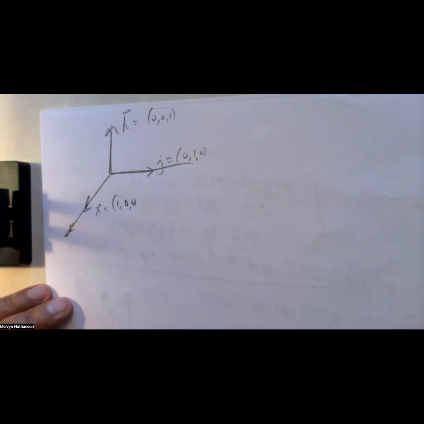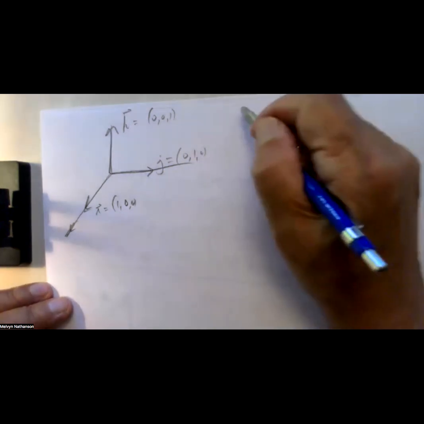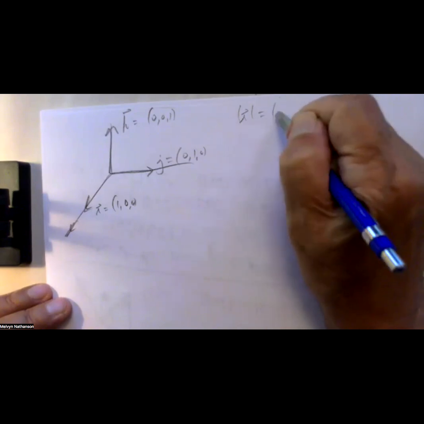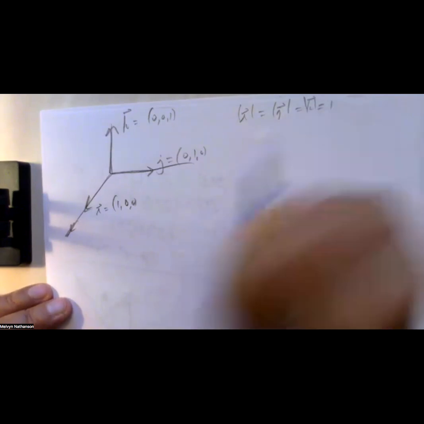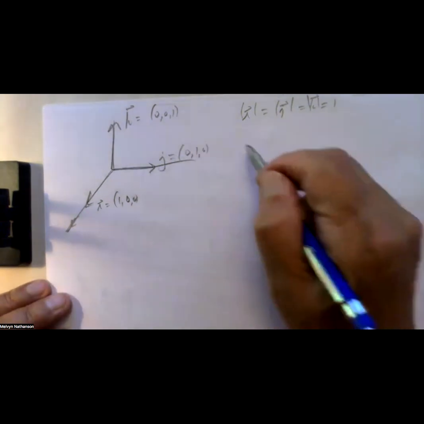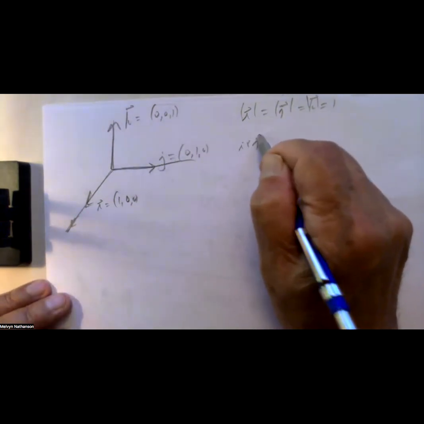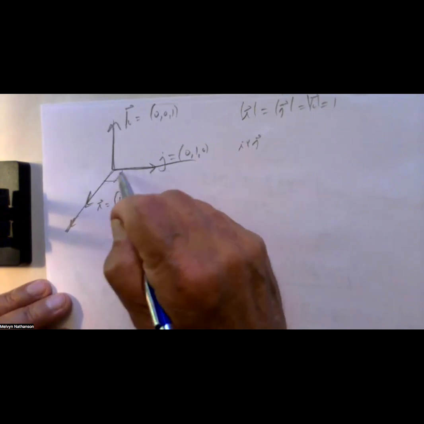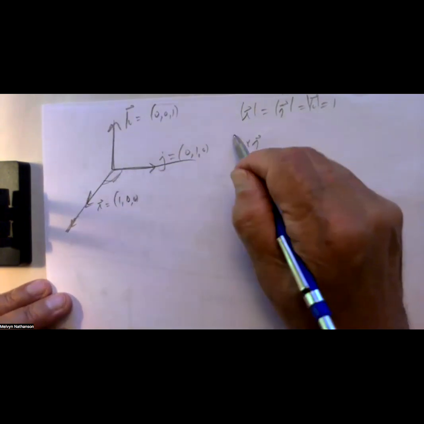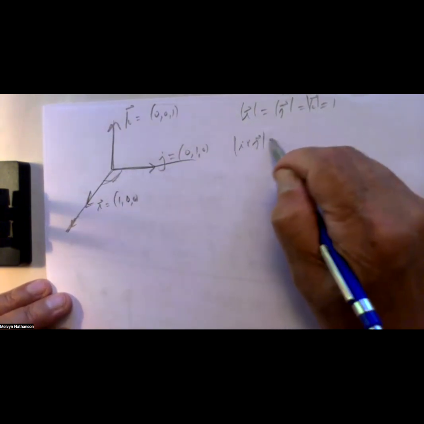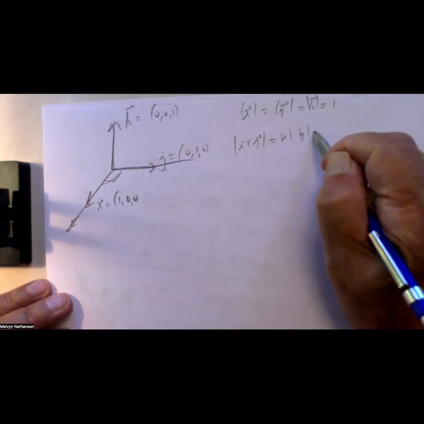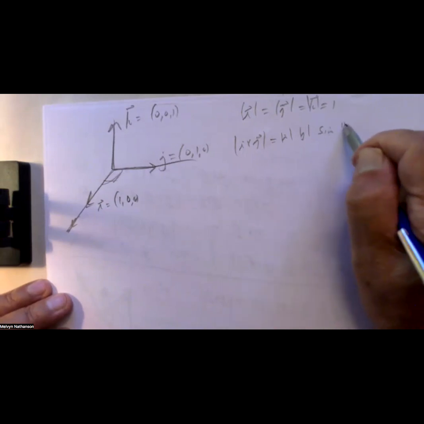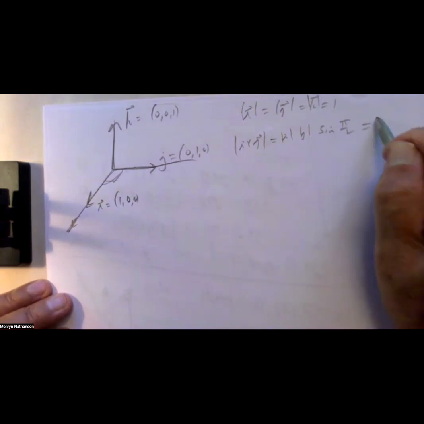So let's compute the cross product of these vectors. First of all, each of them has length 1. If you look at i cross j, the angle between them is a right angle. So the magnitude of i cross j is length of i, length of j, sine of pi over 2. Sine of pi over 2 is 1. This is 1 times 1 times 1, which is 1.